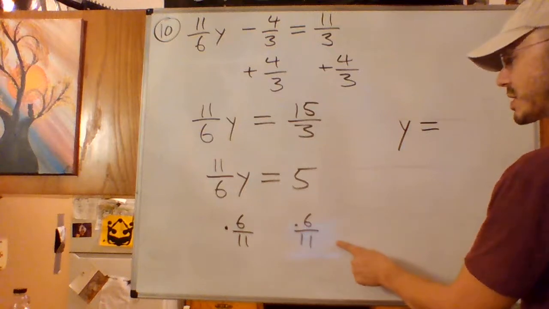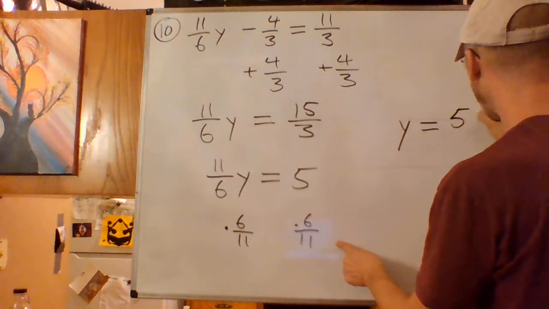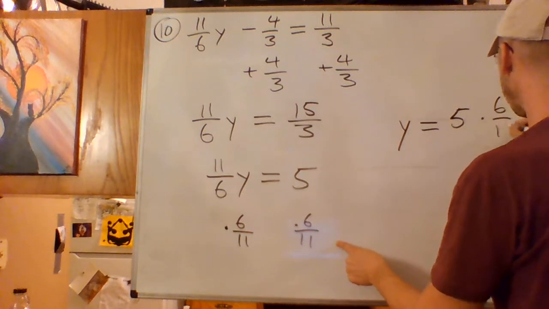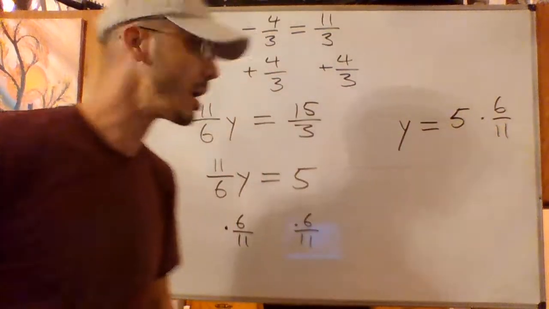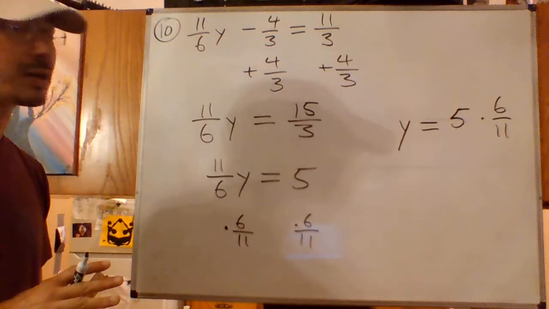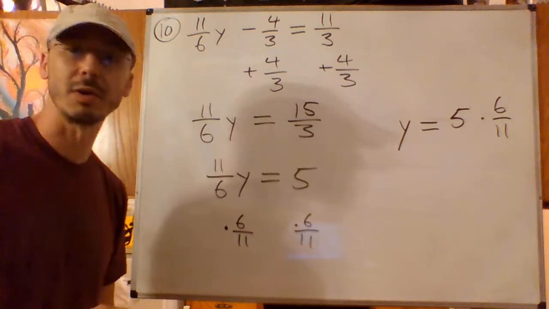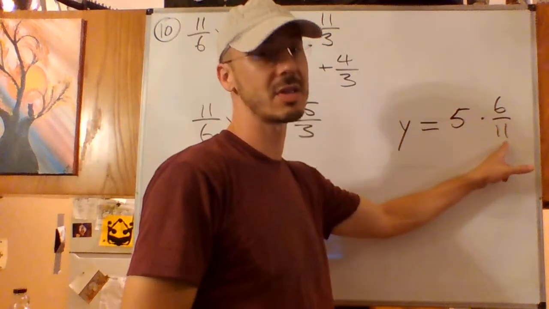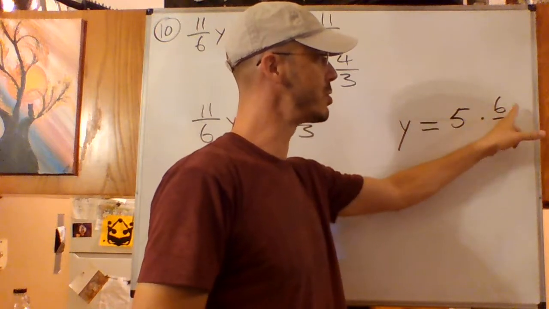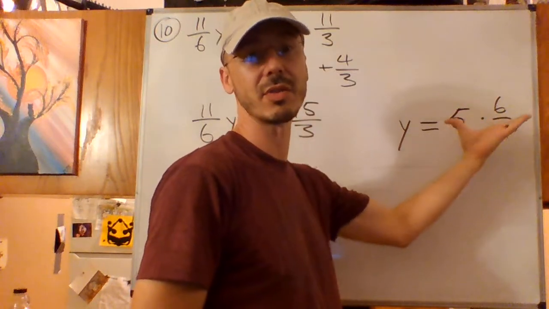And 5 times 6/11ths, well, I'm going to write that down. We can think about how to do that separately. Is there any common factor that we're going to be able to cancel at all? There isn't. 11 is the only factor in the denominator, and there's only 2, 3, and 5 as factors of the numerator.